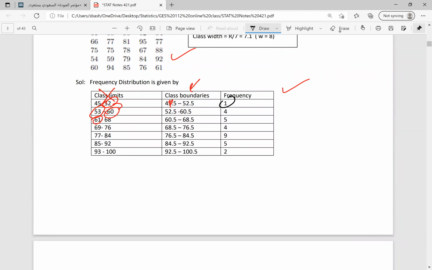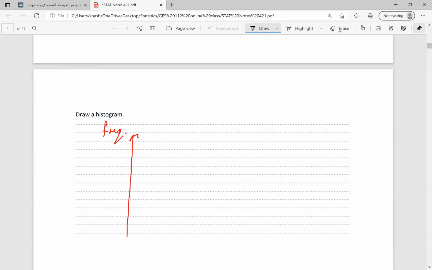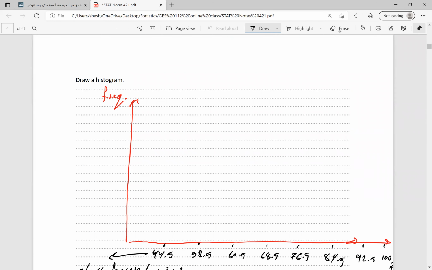Now for the frequencies, go back. The lowest one is 1 and the highest one is 9, so we can use a one-step scale. If we have large numbers, we can use steps of 2 or 5, or divide the scale by 5 or by 3, depending on the highest value in the frequency. But since the highest value in this example is 9, it is easy to set the frequency using steps of 1.